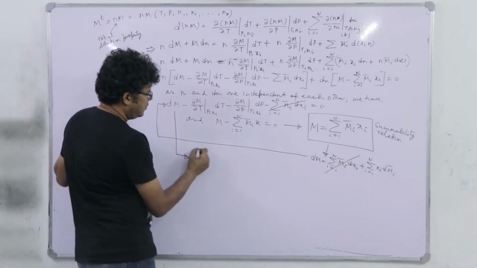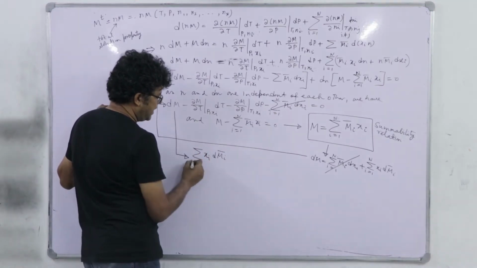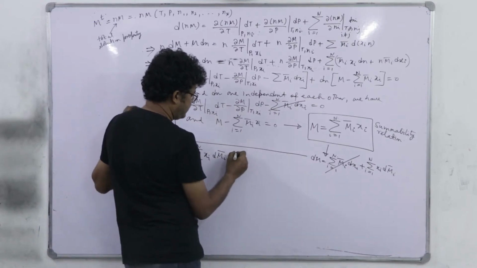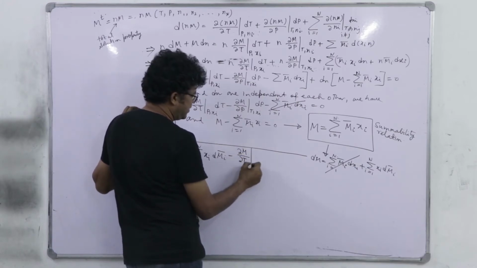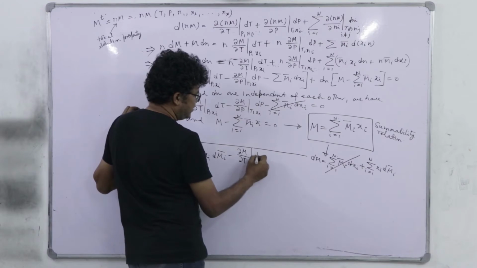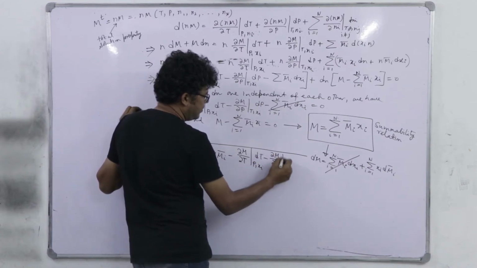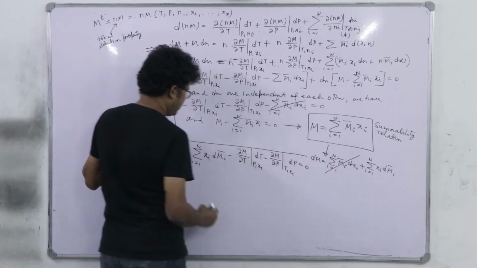And we will have a relation, summation i equal to 1 to n of xi dmi bar minus del m del t at constant p, x_i dt minus del m del p at constant t, x_i dp equal to 0.